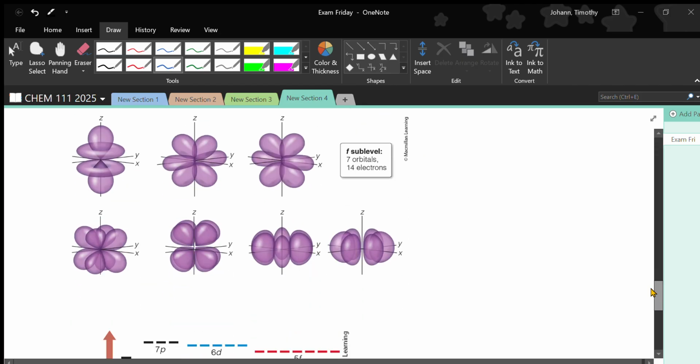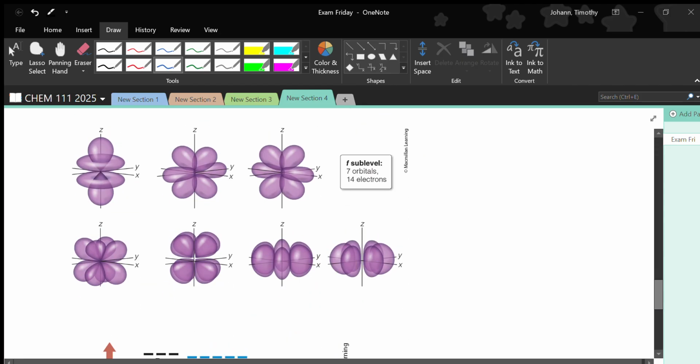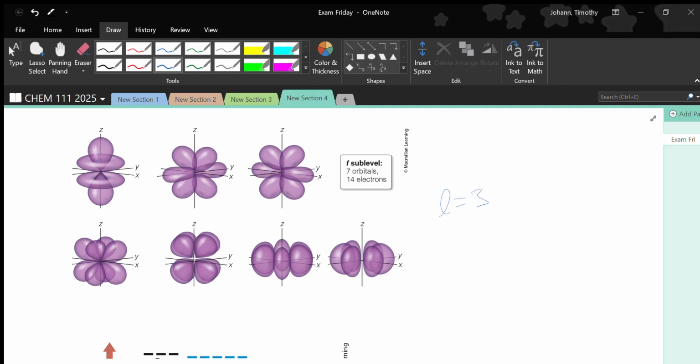All right, and then we can have L equals 3. And that is our F sublevels. And so you see they've added more of these again. So for these, it's obvious. Now we have 8, right? Looks like some of them are only 6. I'm giving you these numbers, but what these numbers do is they go into equations that, when you do the calculation, tell you where the electrons will be found.